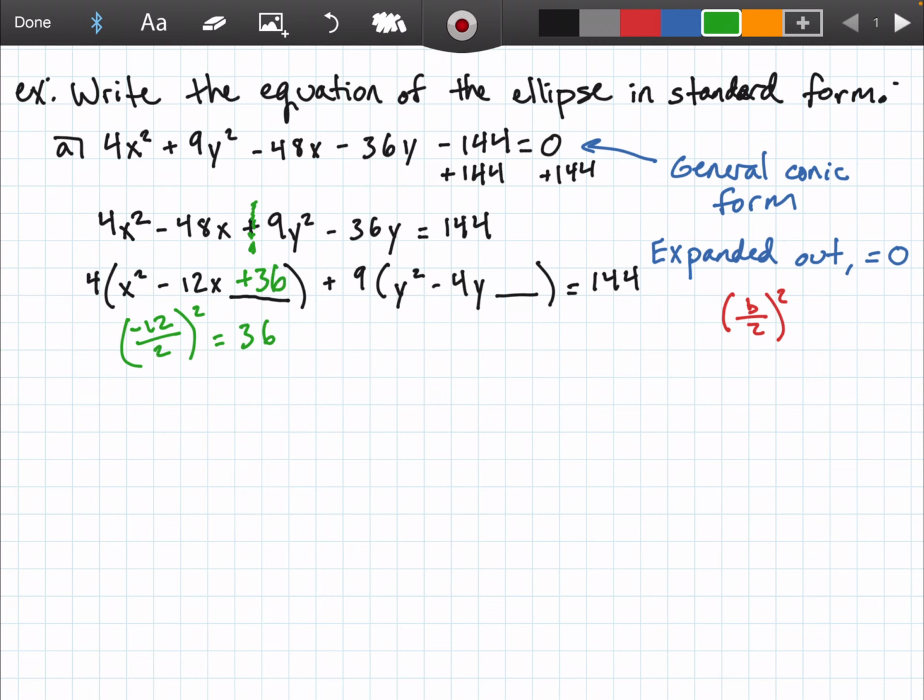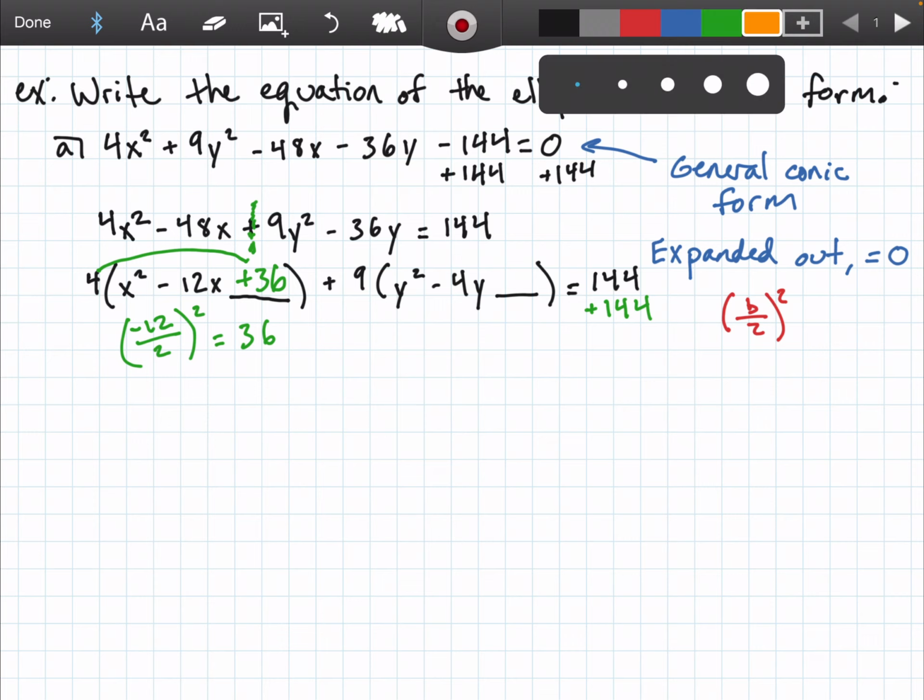But I didn't just add 36 to one side. I added 4 times 36 to the one side. So we need to do it on the other side as well. Let me pull up my calculator. 4 times 36 is 144. So we'll add that 144.